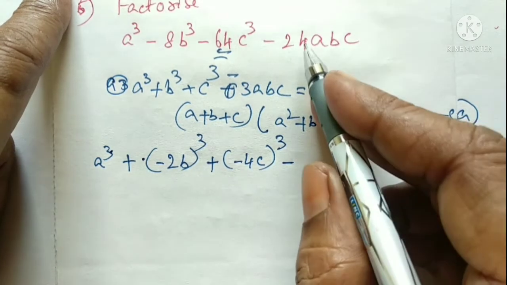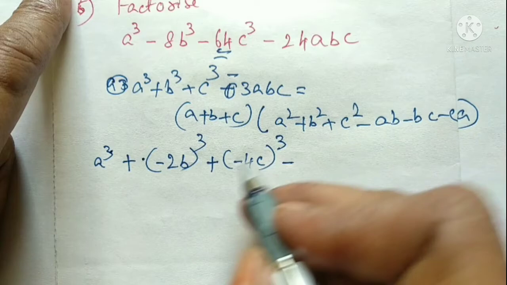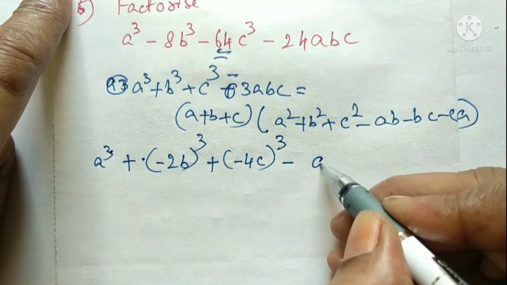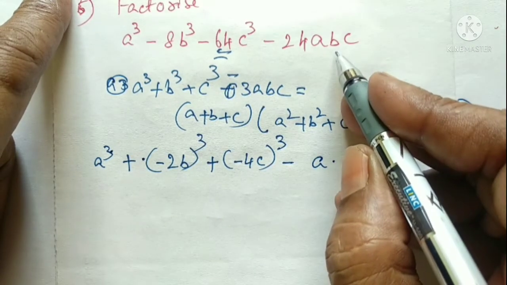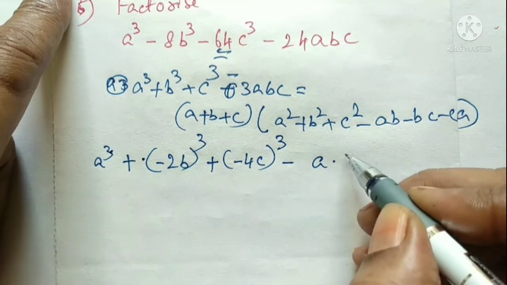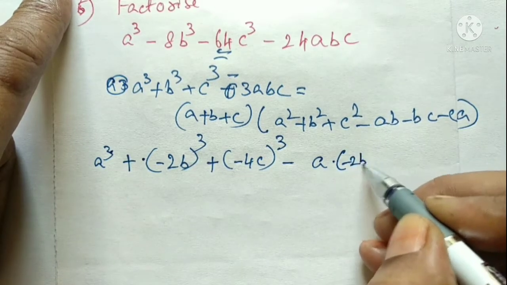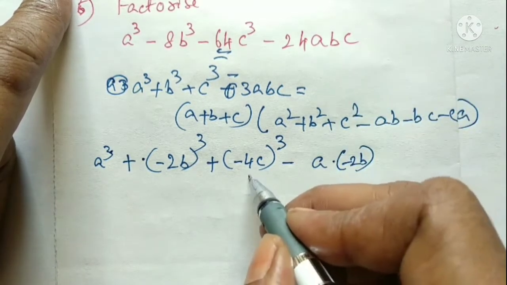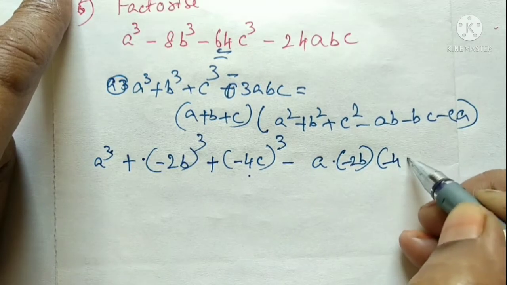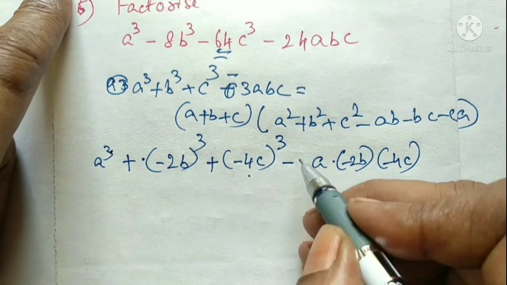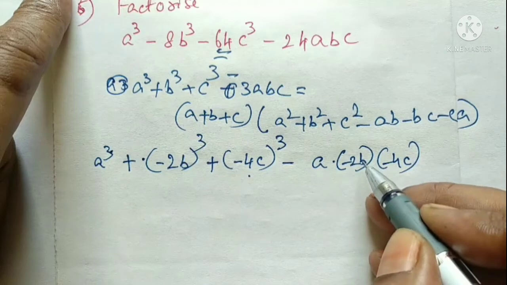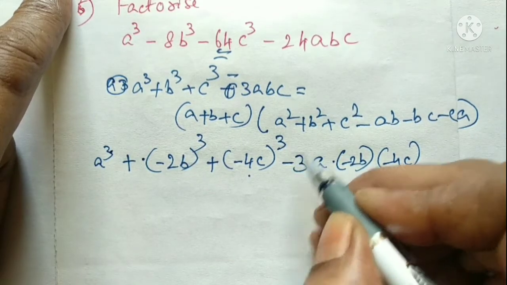Minus 24abc: a is a, what is b? 2b. What is the third one? Minus 4c. 4 twos are 8, 8 threes are 24.